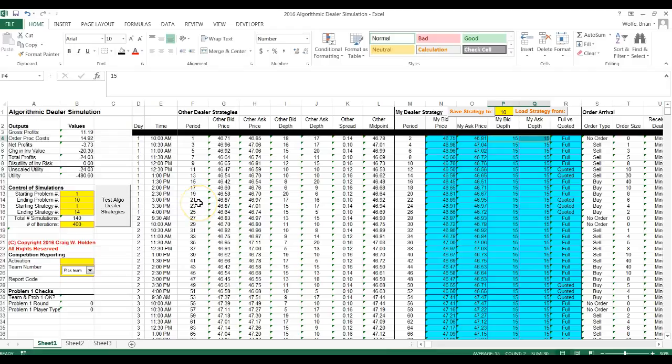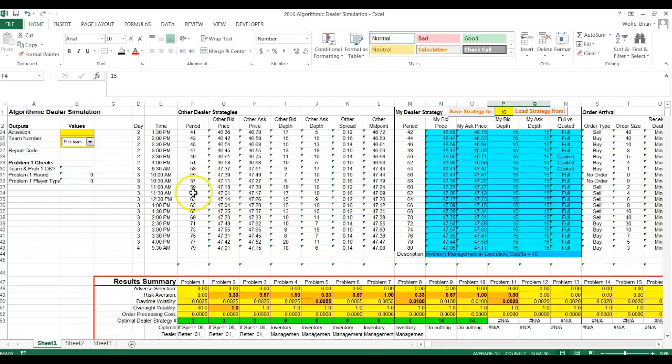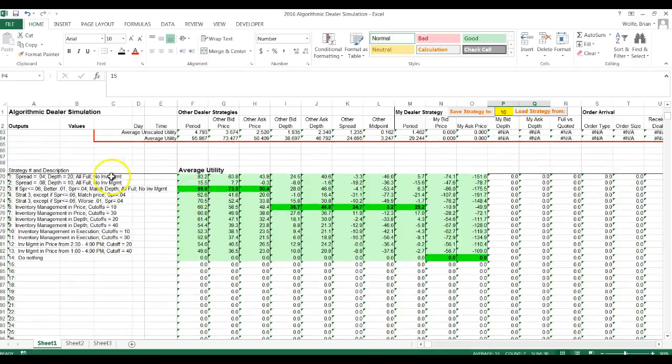That's going to be what comprises our strategy. And we're going to come up with all kinds of different ways to trade. And as we come up with new ways to trade, if you scroll down here to rows 70 through 84, you can see the simulation comes preloaded with 14 different strategies, okay?